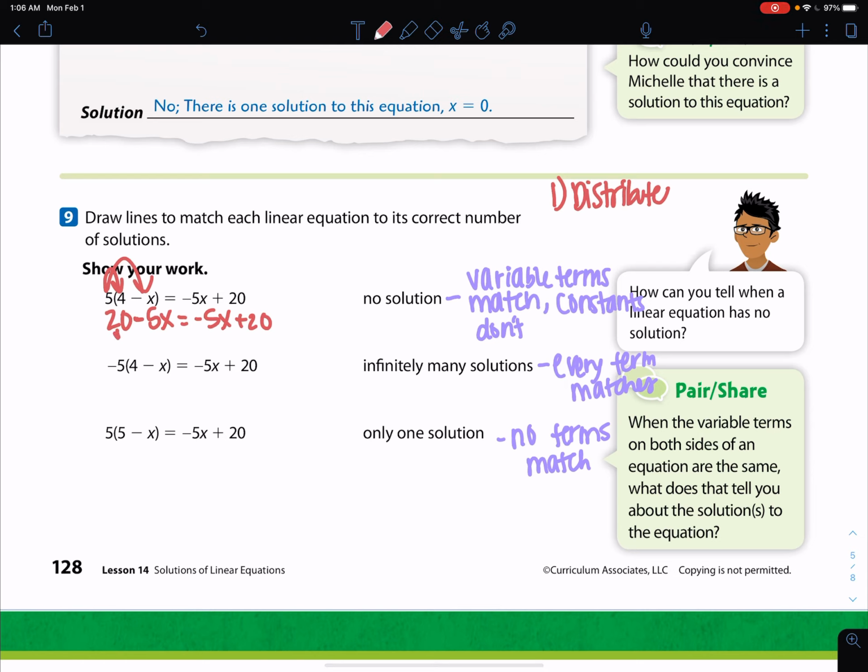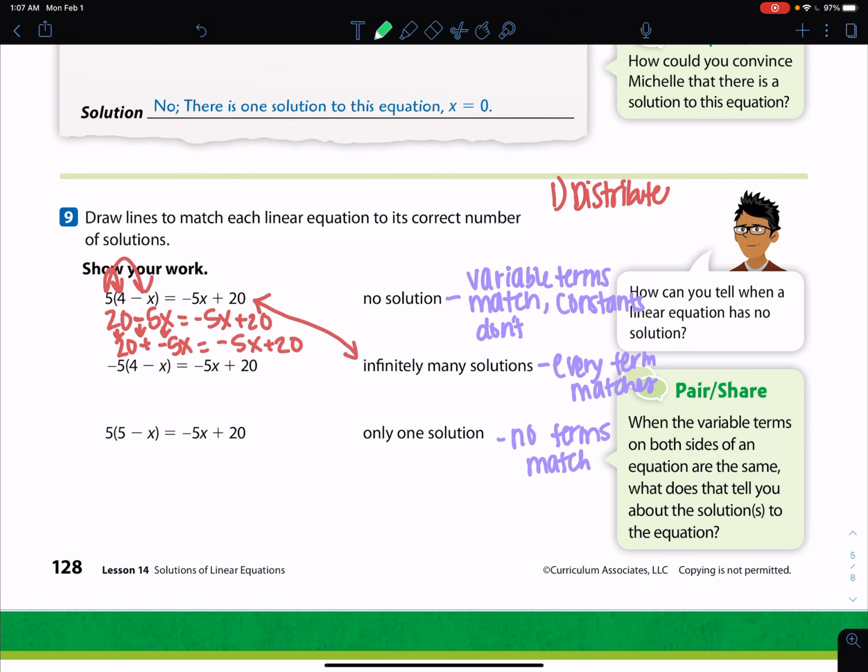I'll keep the first number the same, change subtraction to addition, and the second number to its opposite. And then I can easily see that I have negative 5x plus 20 on both sides. Since every term matches, that's infinitely many solutions. I'm going to go ahead and go to the next color.